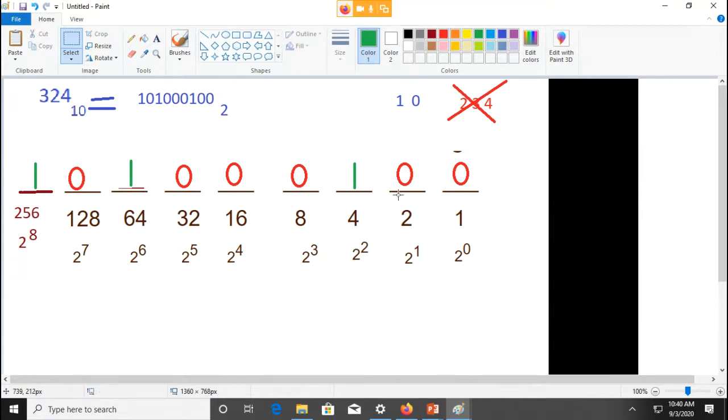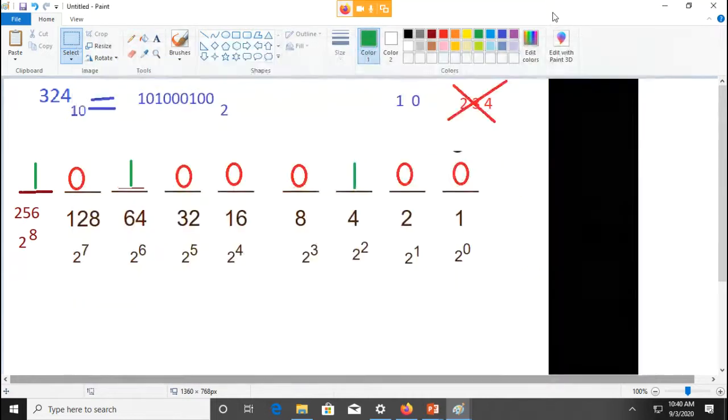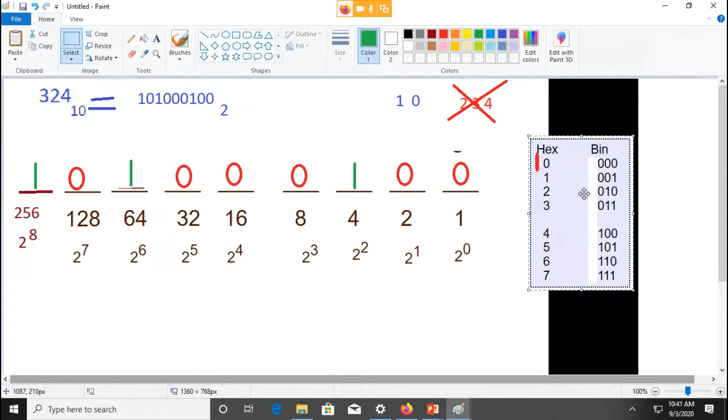But if we want to convert that to octal, we simply match up 3 bits at a time. So let me paste this over here as a reference. Here we have 100. Those are the first 3 bits.